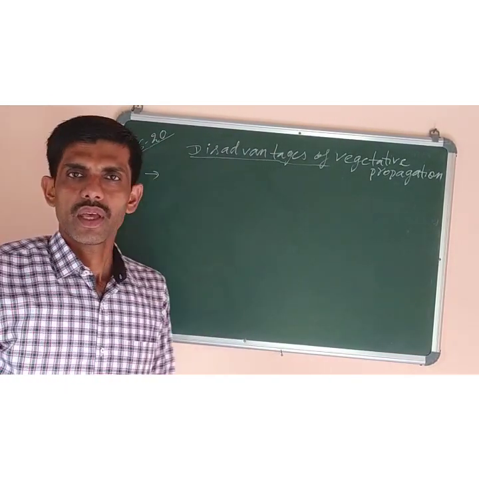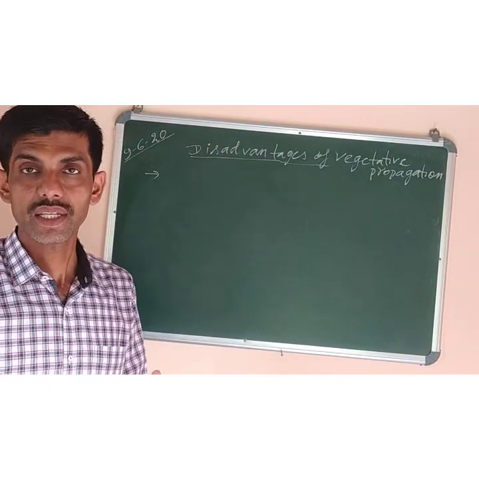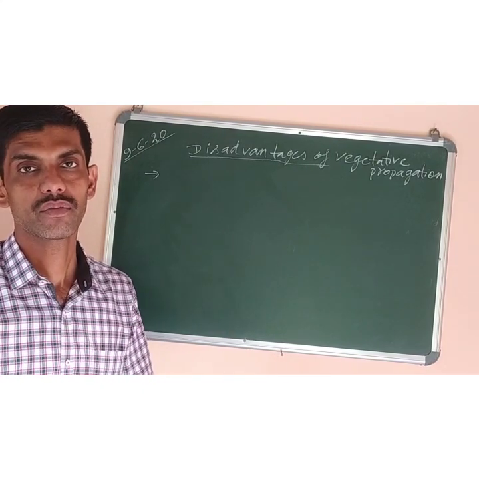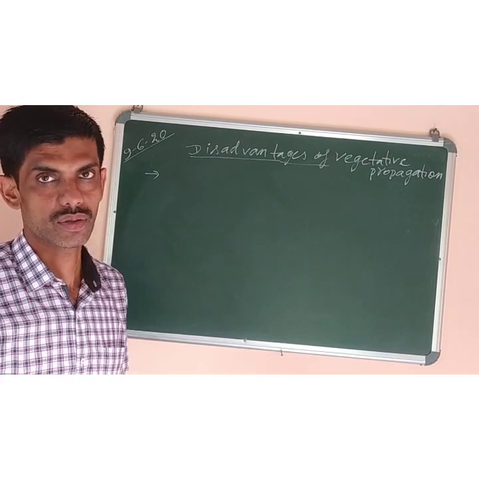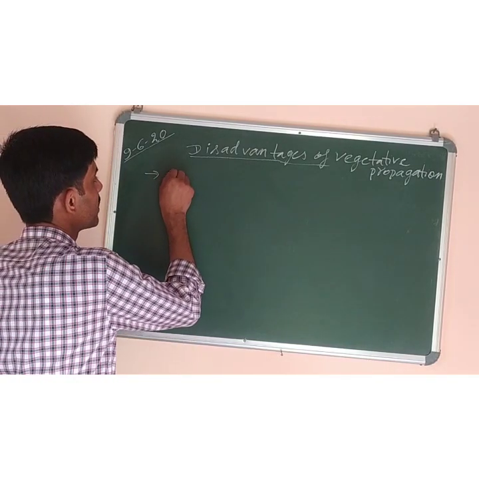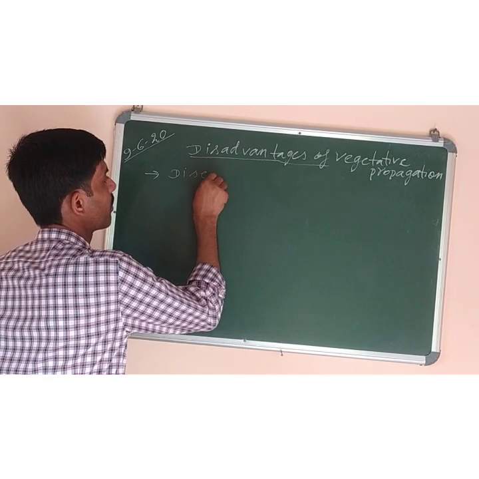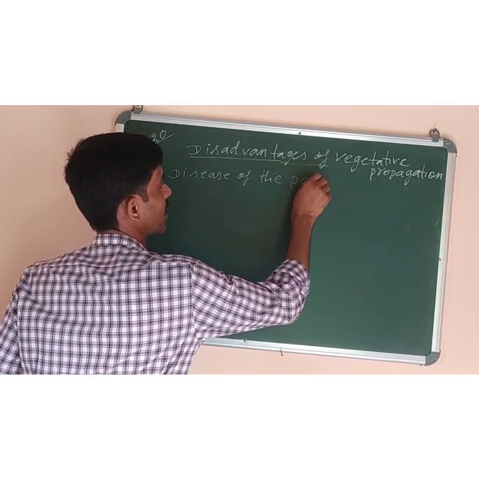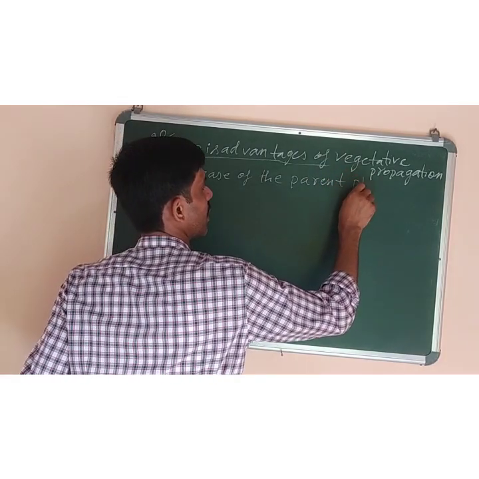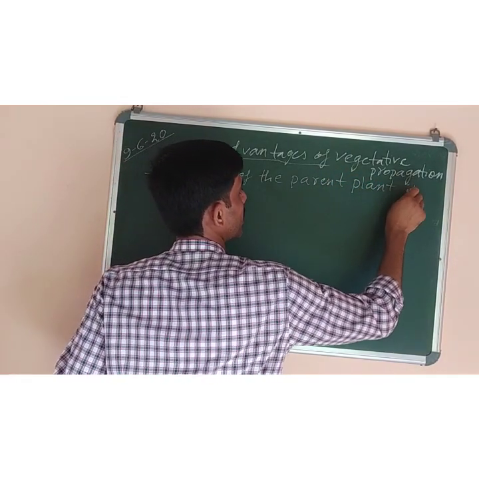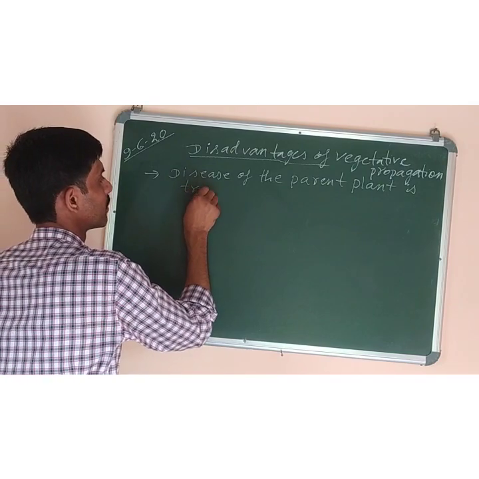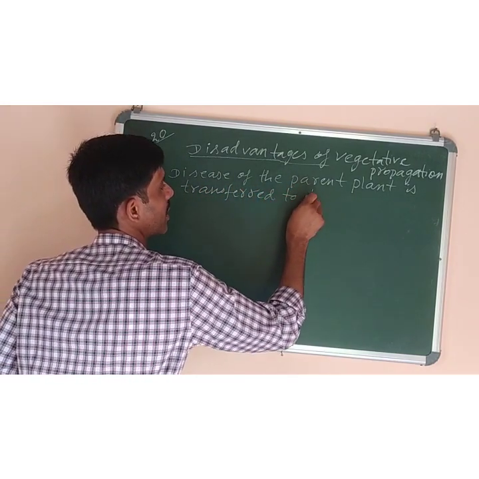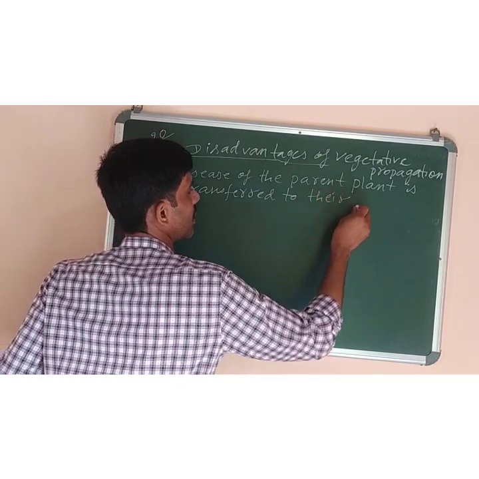Number one, if the parent plant is diseased or sick, that disease is transferred to the new generation also. So you can write, disease of the parent plant is transferred to their young ones.